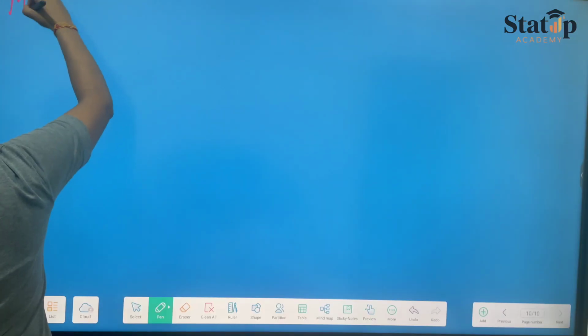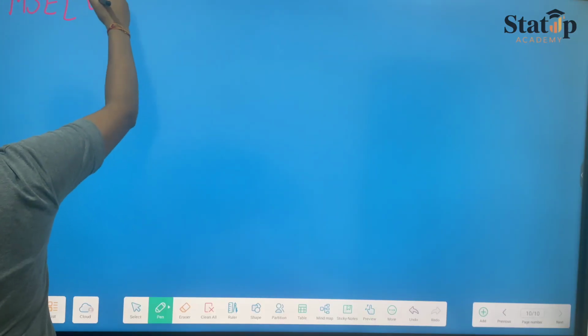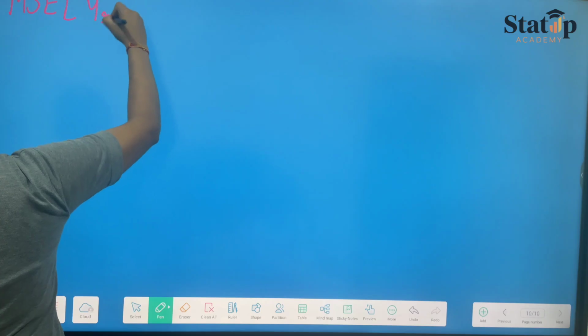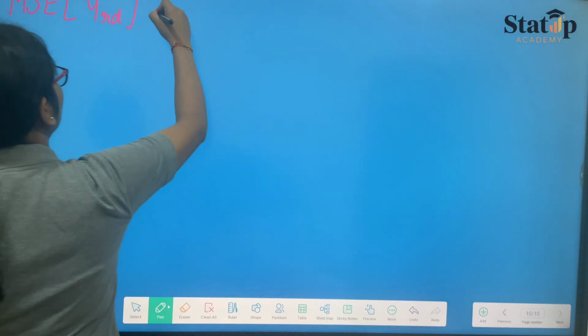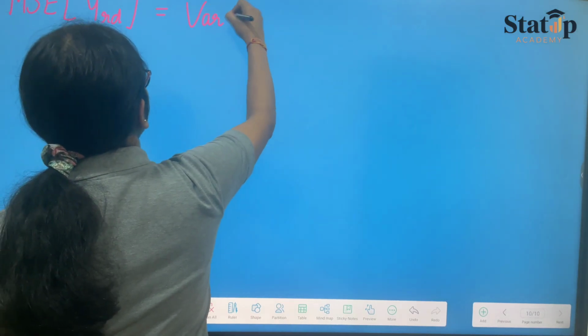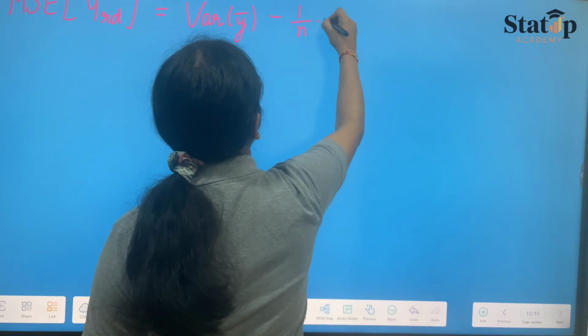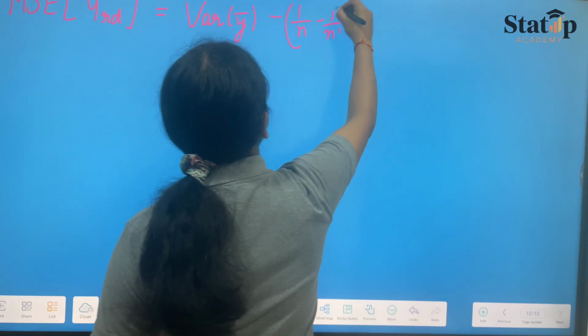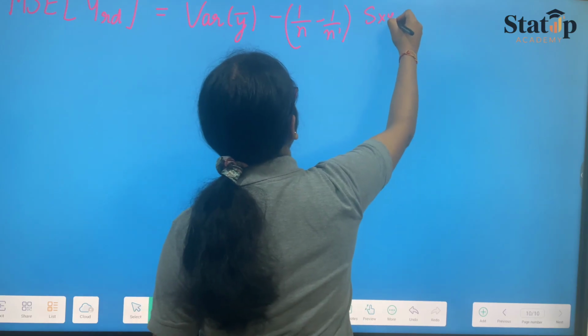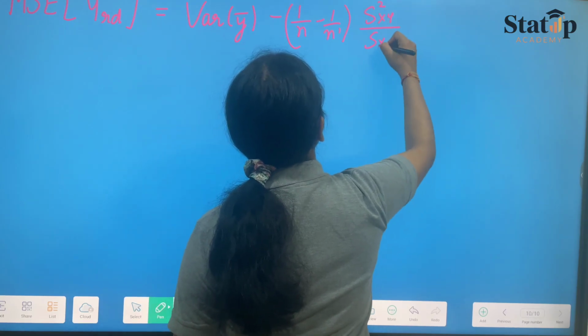Now MSE of mean of regression estimator in double sampling gives us variance of y bar minus (1 upon n minus 1 upon n prime) into Sxy square upon Sx square.